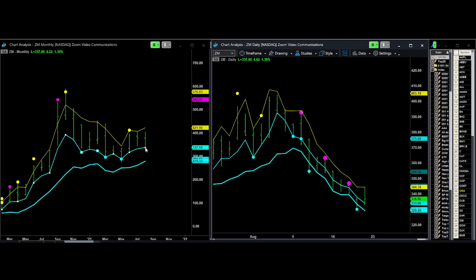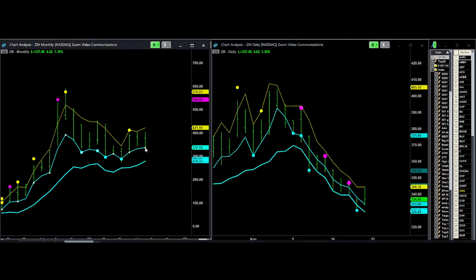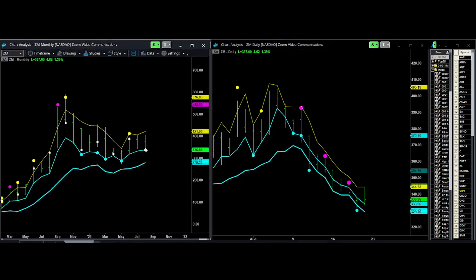For example, on this monthly chart, if you check this price, it's 340, and this price is 407. So 340 goes to 403, that's about a $60 to $70 difference.